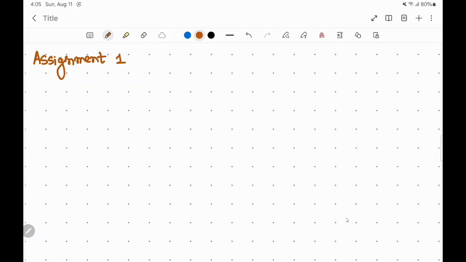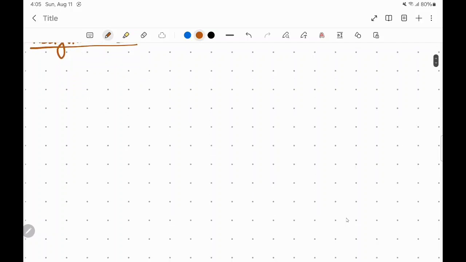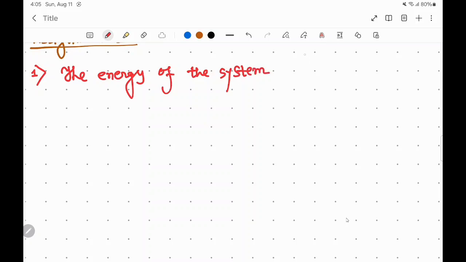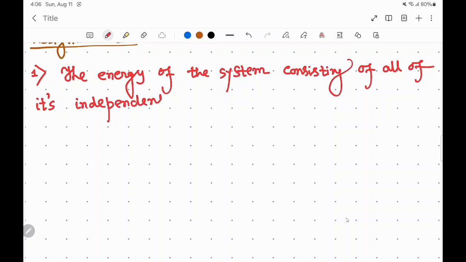So assignment one, week one. Okay, first question: the energy of the system consisting of all of its independent molecules in the ground state is.